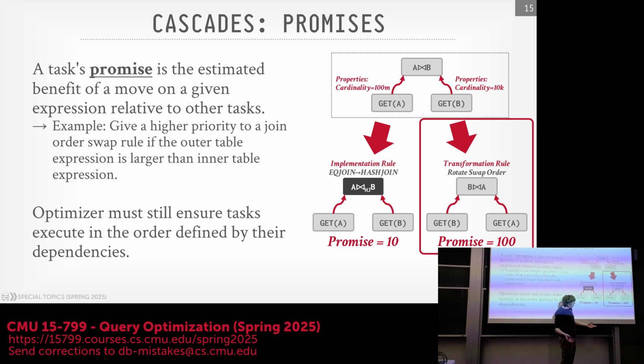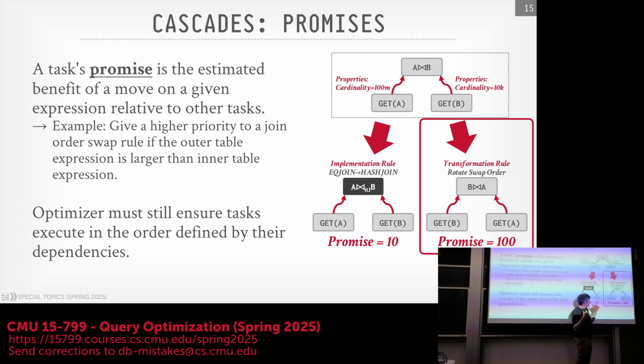Because then now I could, say there's only two tables in here. We'll basically do an exhaustive search, but I would end up exploring this logical expression here, then look at converting the logical operator of B join A, convert that to a hash join or sort merge join, nested loop, whatever join implementations I have. Then I'm going to get a cost for that.